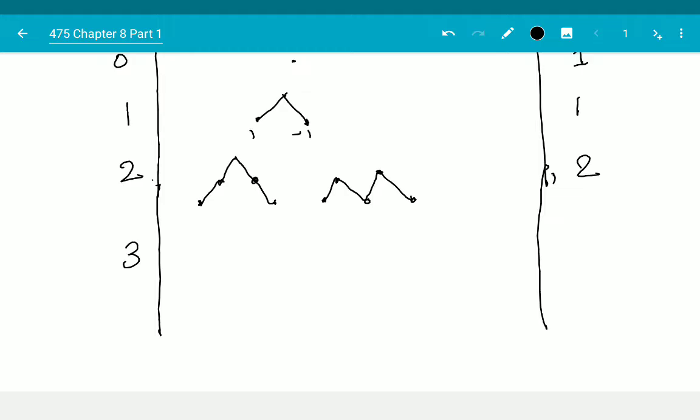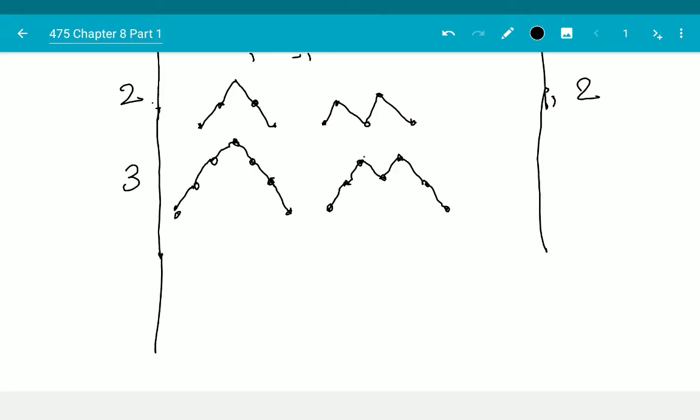For n is equal to 3, now I have length 6, right? There are a lot of sequences for this. Let's try to draw all of them. That's number 1. This is number 2.